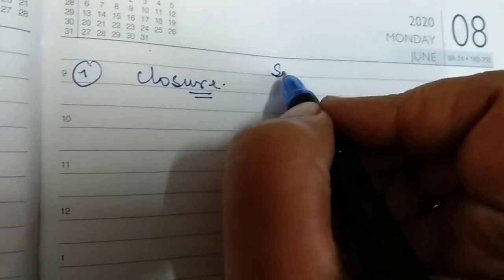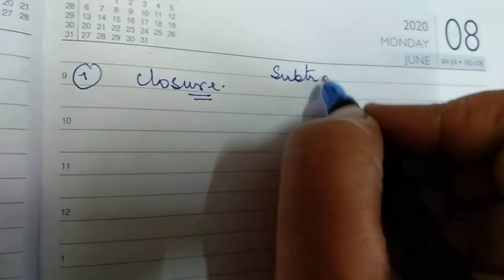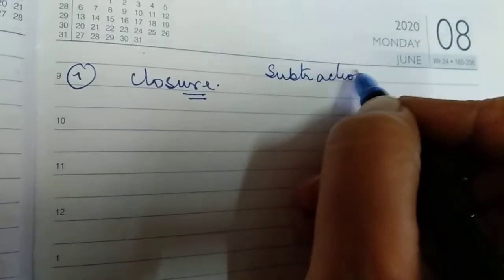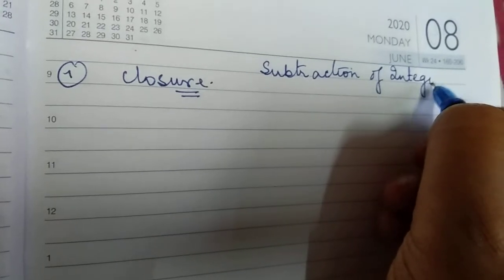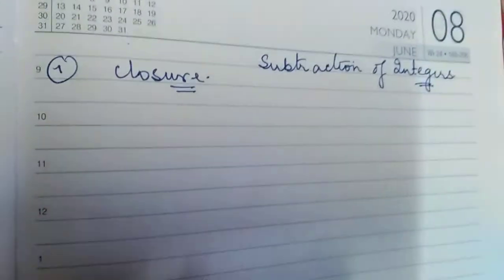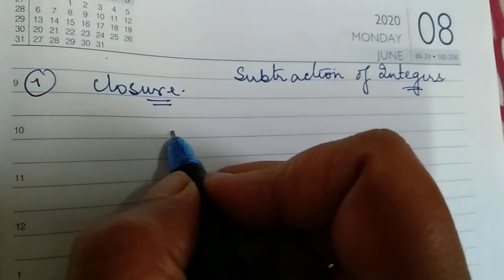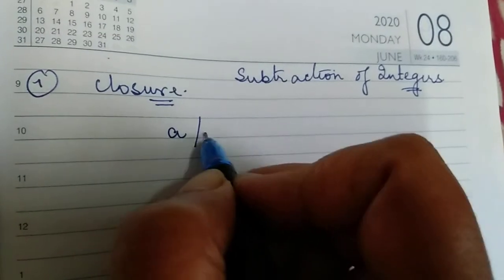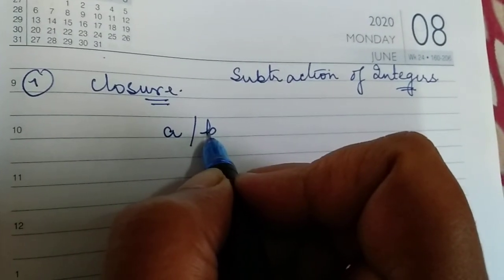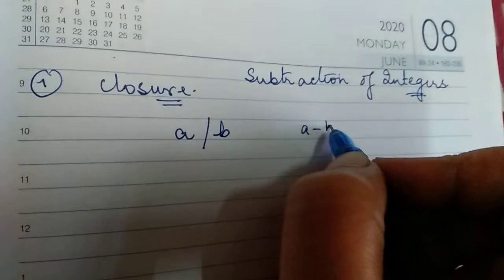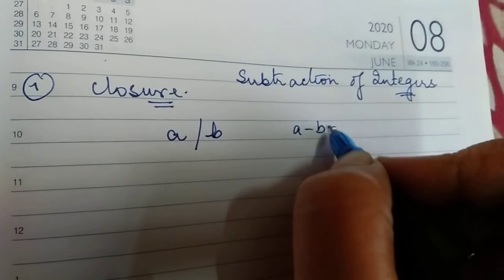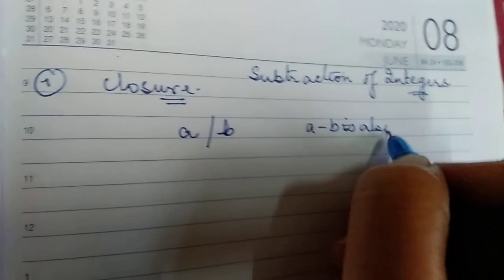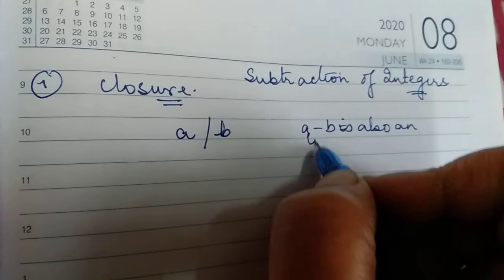If I do subtraction of integers, so if I have two integers a and b, then a minus b will also be an integer.